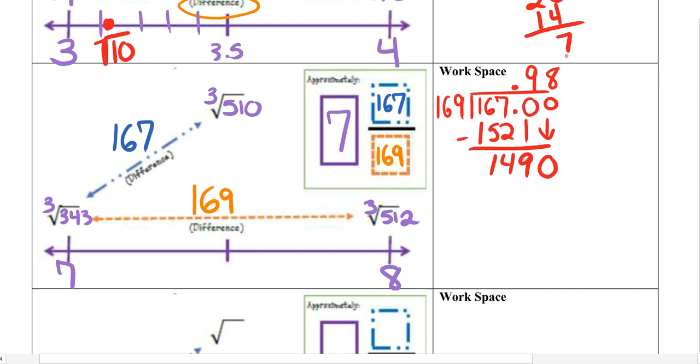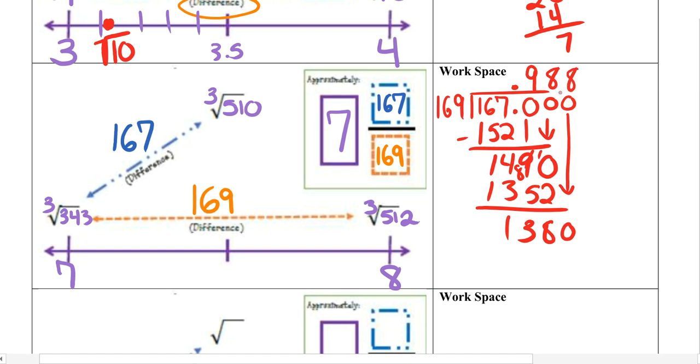So 8 times 169 is 1,352. And if I subtract that, it gives me about 138. If we go one more space, 1,380 divided by 169 will give us another 8.